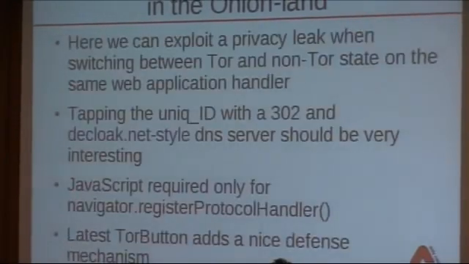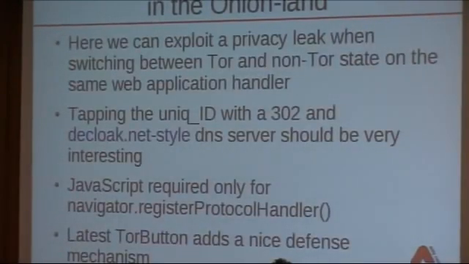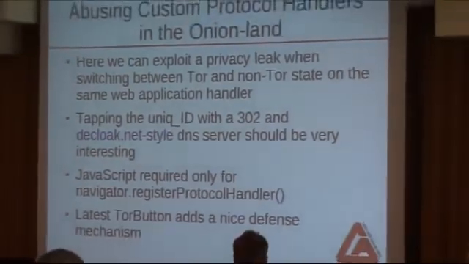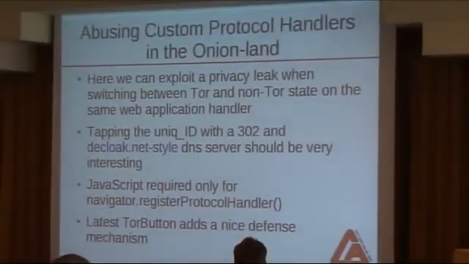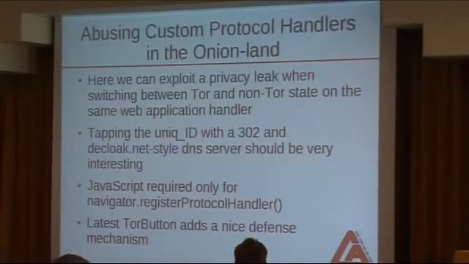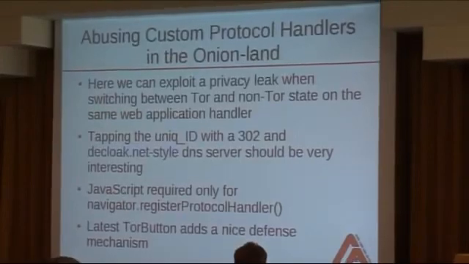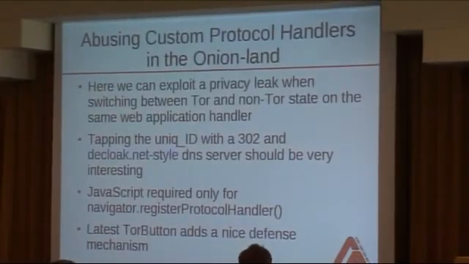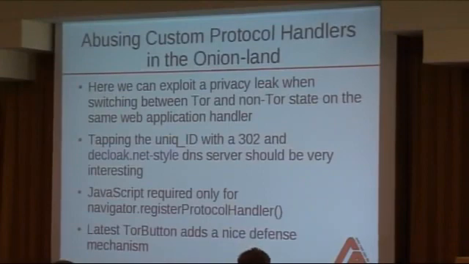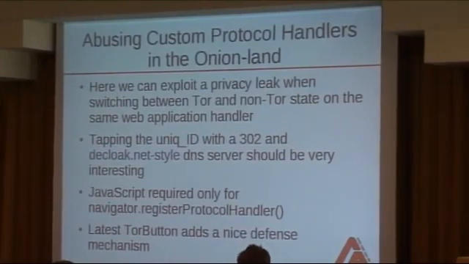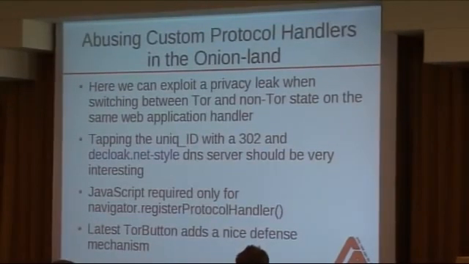How can we abuse it? Well, besides exploiting a privacy leak when switching between Tor and non-Tor states without clearing out the registered custom protocol handler, we could do a cool thing, which is tapping the unique ID we provide to the client together with a 302 redirection and the Cloak.net style DNS server. Why do we need this kind of stuff?